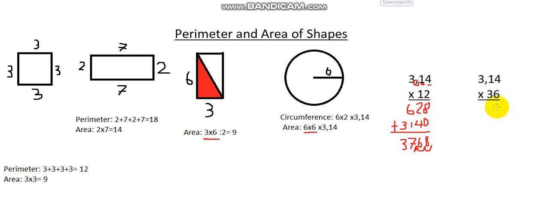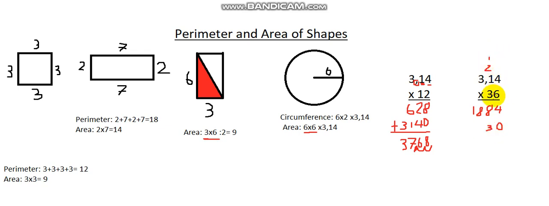6 times 4, 24. Carry the 2. 6 times 1 is 6, plus 2 that I carried over makes 8. 6 times 3 is 18. Put a 0 beneath the 4. 3 times 4 is 12. 2.